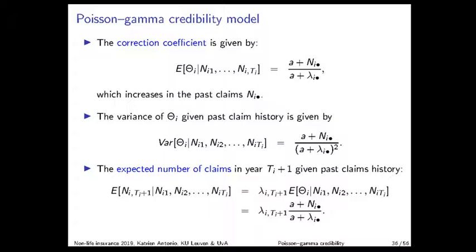In the Poisson gamma model, the posterior mean of theta i, given the past claims, is the ratio between a plus the sum of the n_it and a plus the sum of the lambda_it. If this ratio is above 1, the policyholder will get a penalty. If it is below 1, the policyholder will get a discount.